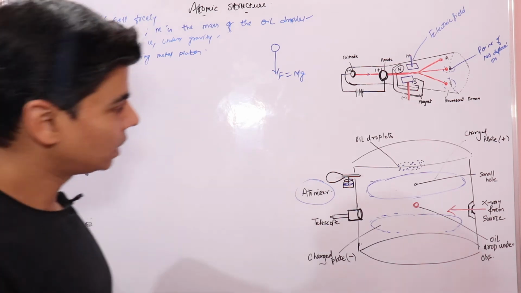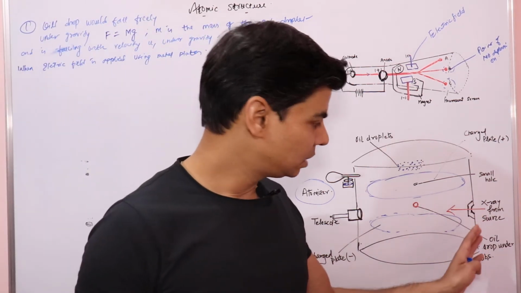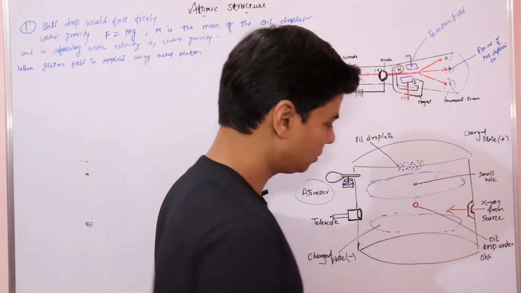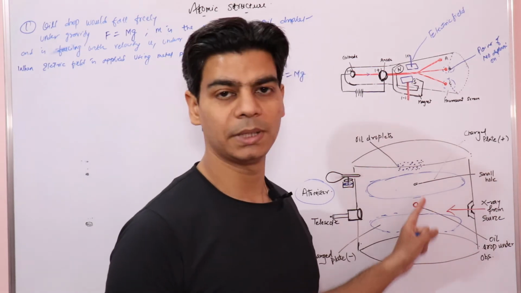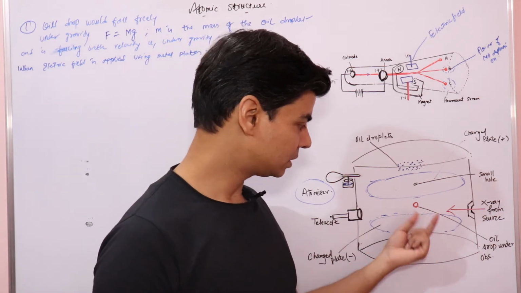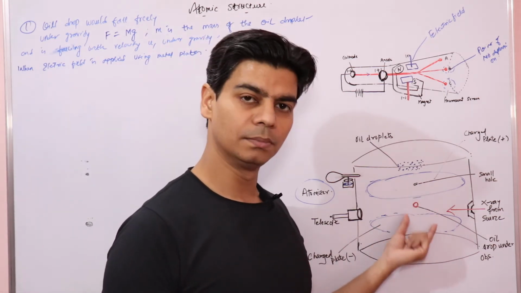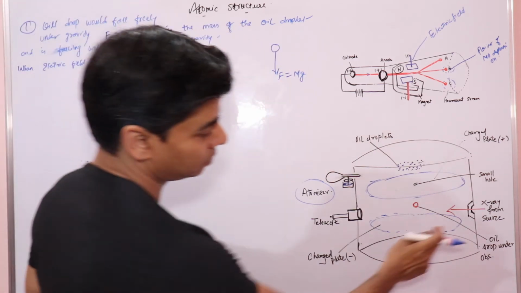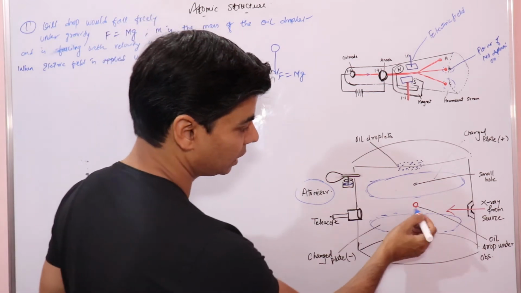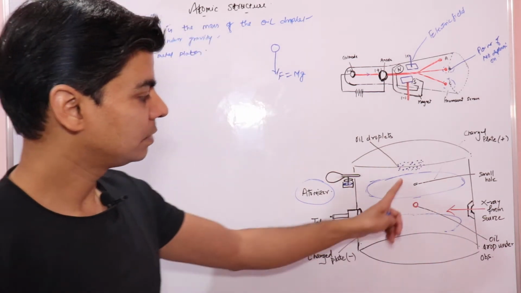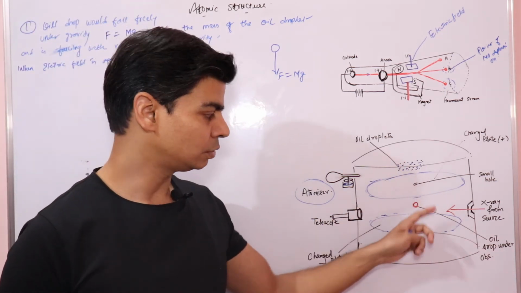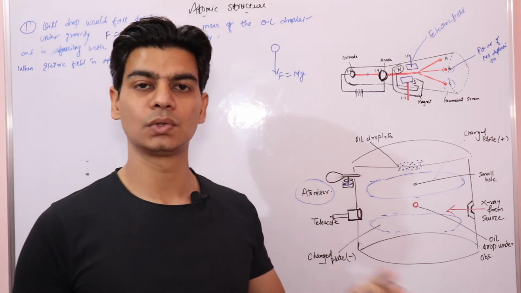Now we need to consider one more thing. I said in the beginning that these X-rays will produce electrons in the space between the plates when they collide with the atoms between these electric plates. So when these X-rays strike the atoms, they will produce electrons. So we have electrons in the space between these metal plates, and when the oil droplet comes in contact with these electrons, some electrons will get attached to the oil droplet.